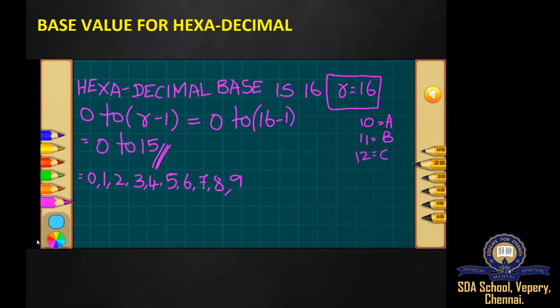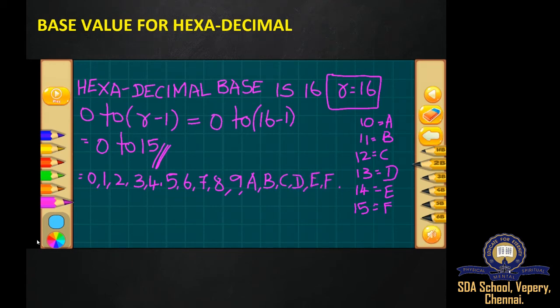So we are going to calculate 10 for alphabet A, 11 for B, 12 for C, 13 for D, 14 for E and 15 for F. So after 9, we are going to write it as alphabets A, B, C, D, E, F. We are going to assume like this because we don't have 10 to 15 in the decimal number system. Okay, these are the digits which we have in the hexadecimal number system.